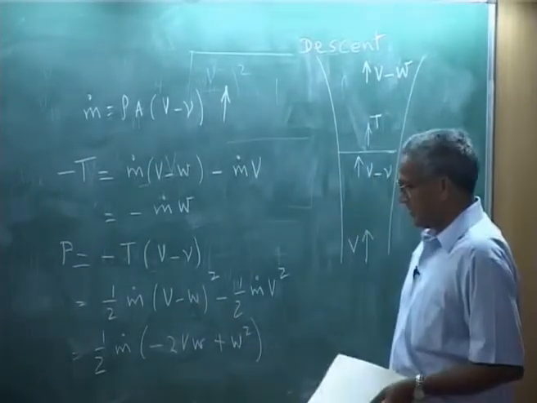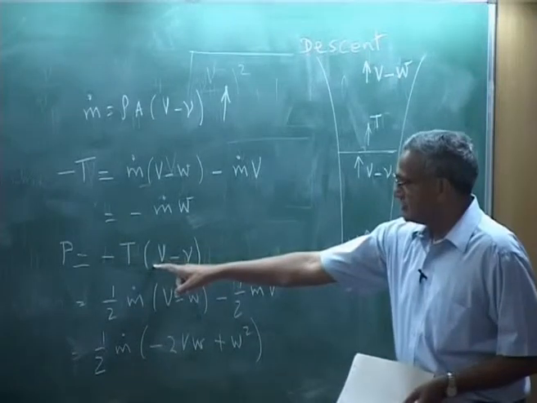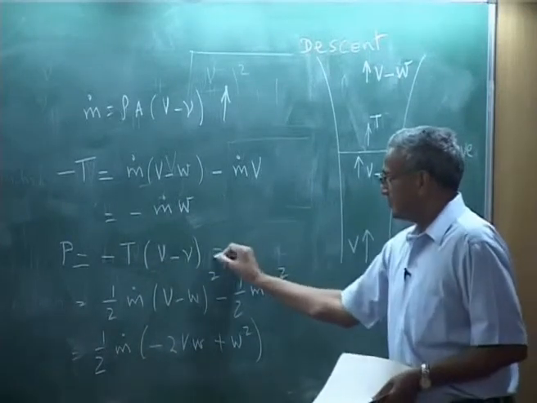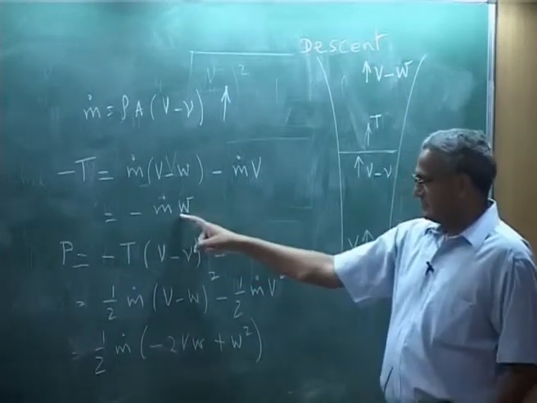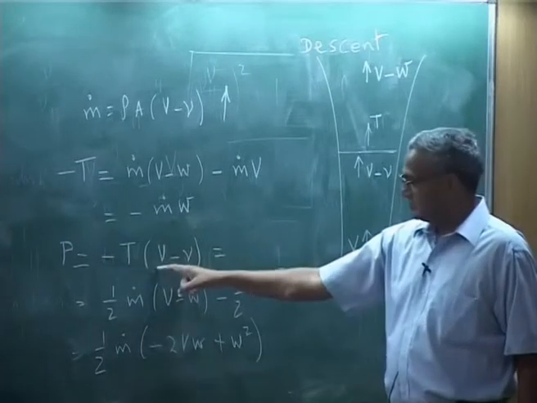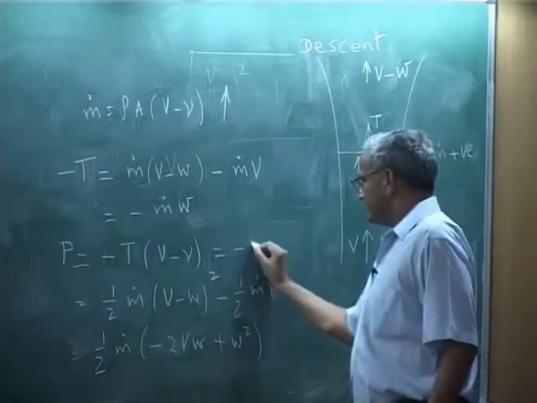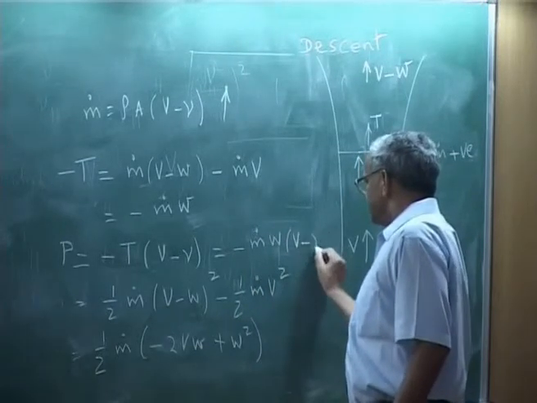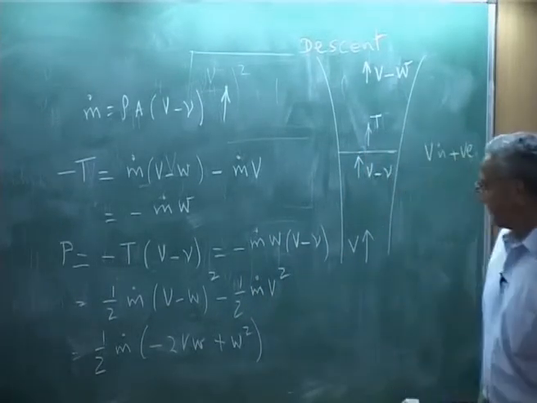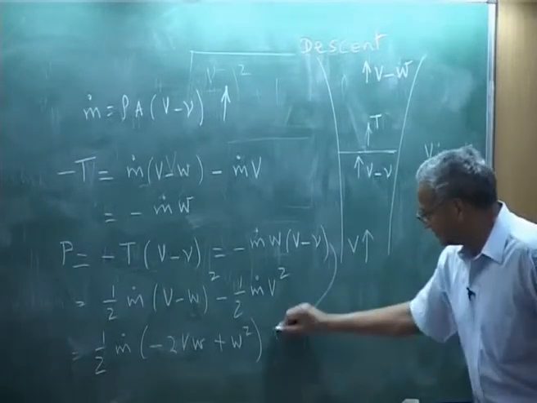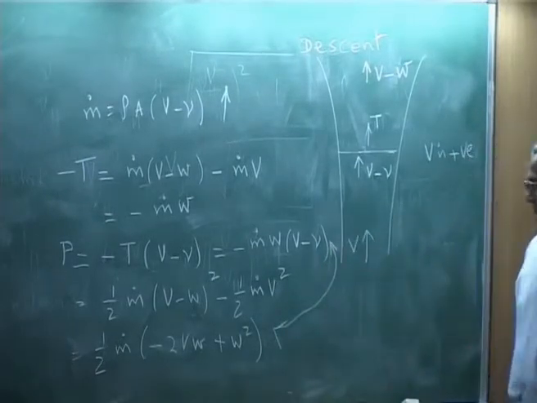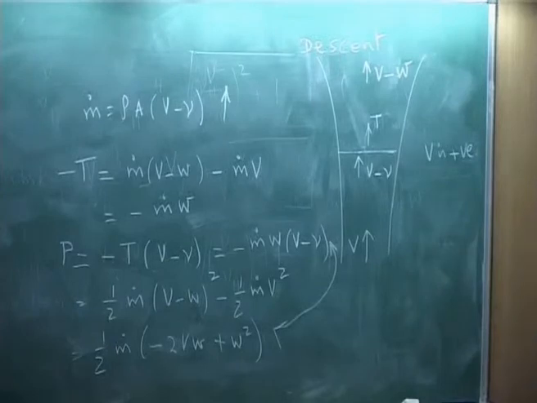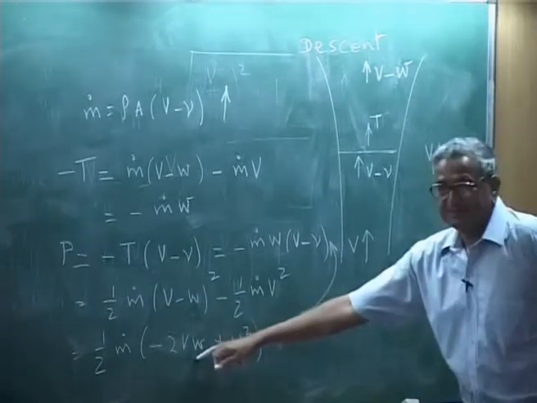Okay. Now, again here you will be substituting, minus T is minus m dot W, put it here. So, you will have minus m dot W into V minus nu. Okay. So, these two are equal. Okay. Because this is equal to this.